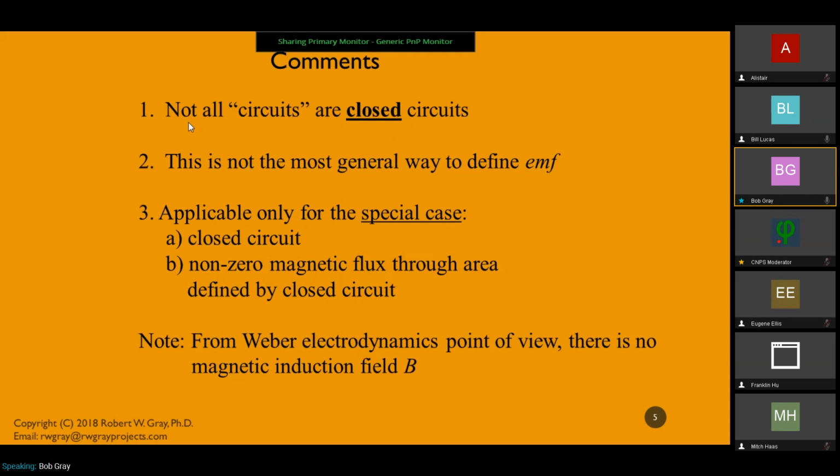You don't always have that. The unipolar generator is one case where you don't have that. And of course, my take is, in Weber electrodynamics, which I prefer, there's not even anything like a magnetic induction field.